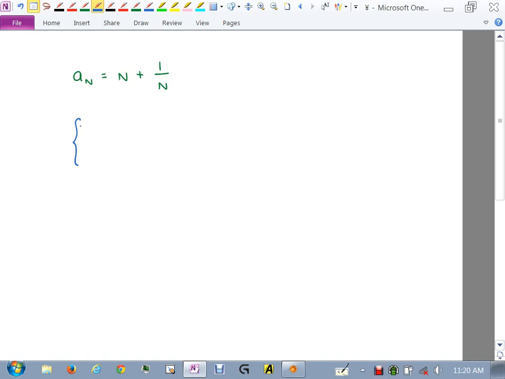Plug in 1, what do you get? 1 plus 1, you get 2. Plug in 2, you get 2 plus a half, 2 and a half, which is really 5 halves. And the next one would be 3 plus a third, which would be 3 and a third, which is 10 thirds.